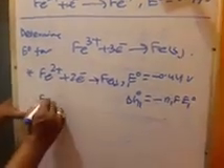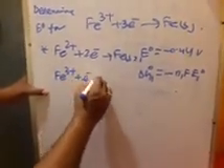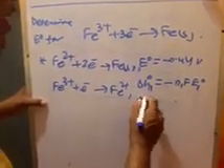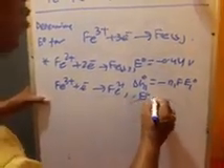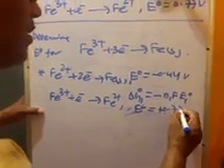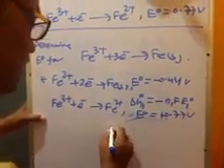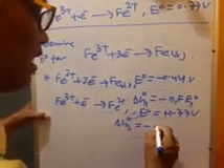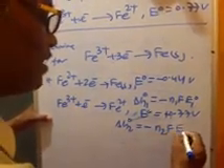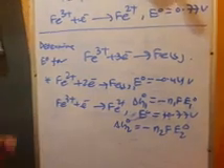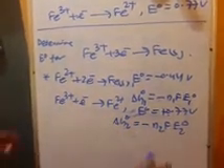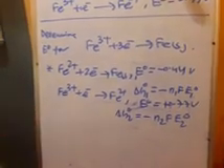Now Fe3+ + e− gives Fe2+, E° is equal to 0.77 volt. So you can say that ΔG2° = −n2FE2°, where n2 is again 1, F is Faraday's constant, and E2° is 0.77 volt.